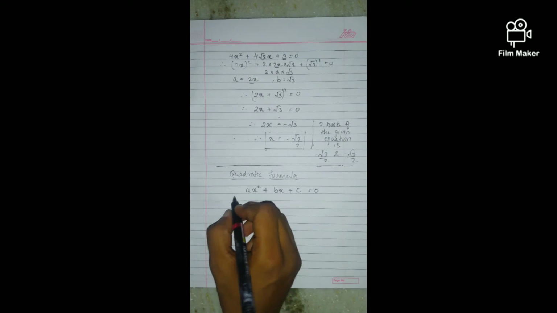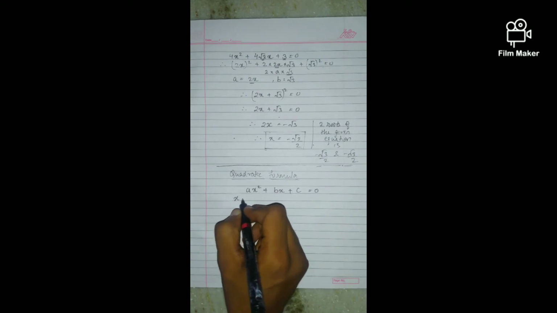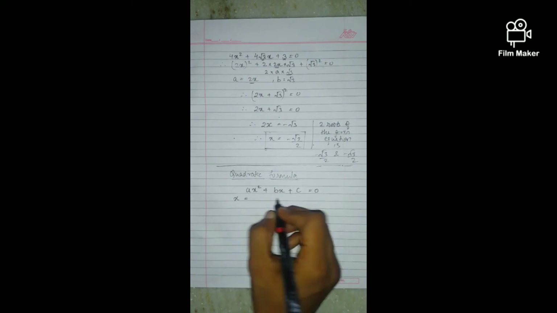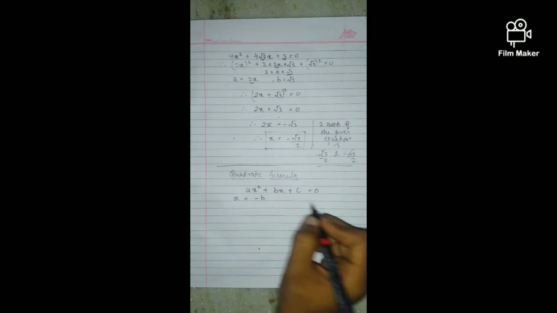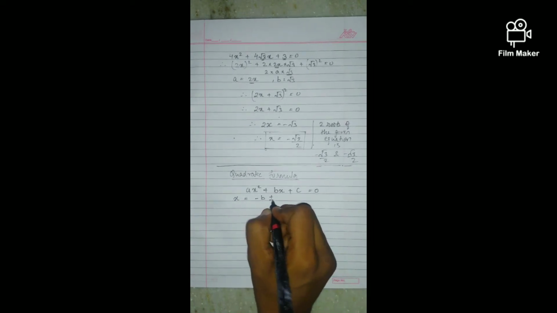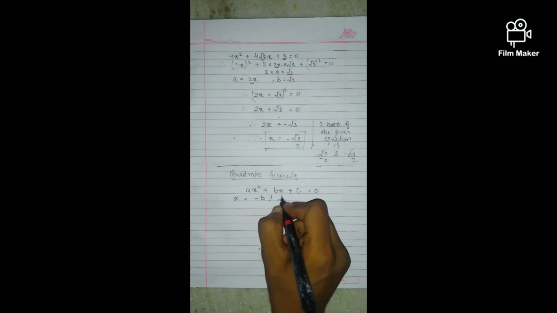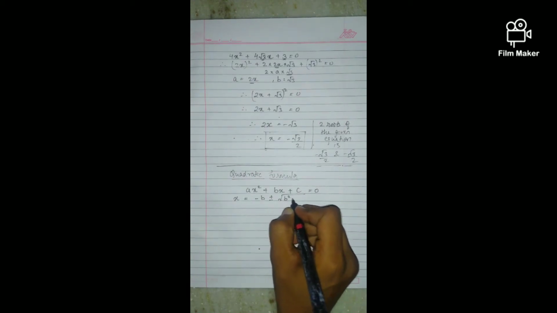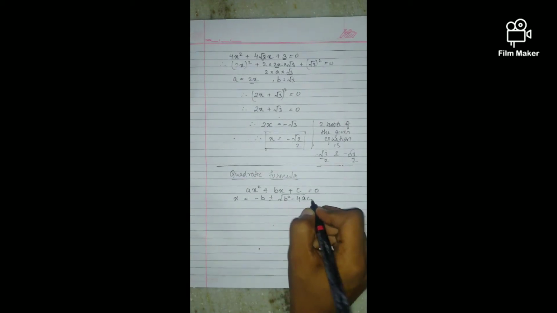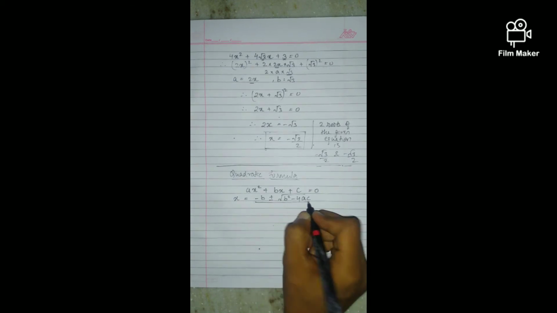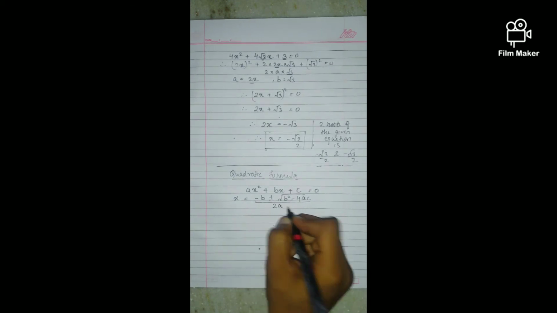So we will get roots of this equation as x equals to minus b plus minus under root of b square minus 4ac upon 2a.